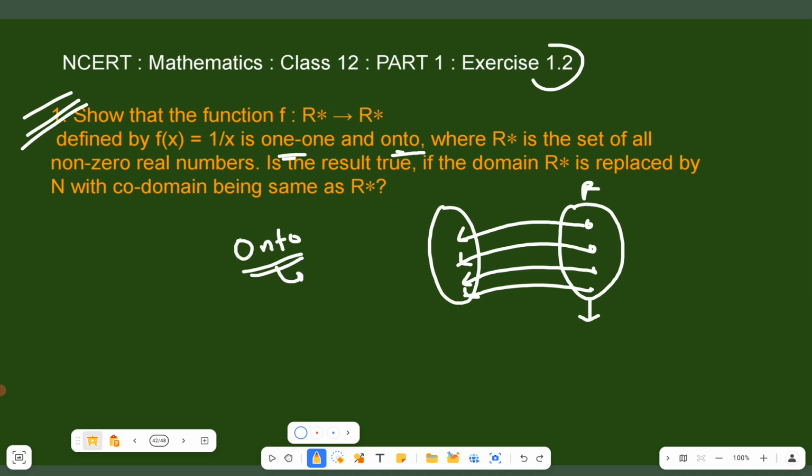Every element of set B has a pre-image. This is called onto.